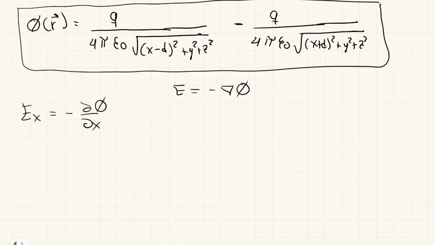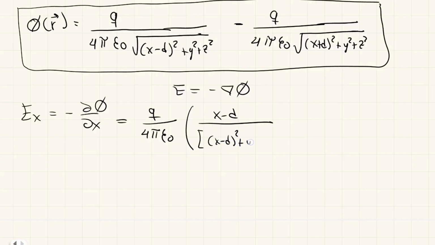And it is very easy to notice that this derivative is going to be equal to Q over 4 pi epsilon 0 times (x minus d) over (x minus d squared plus y squared plus z squared), just by taking the derivative with respect to x of this expression that we have here.